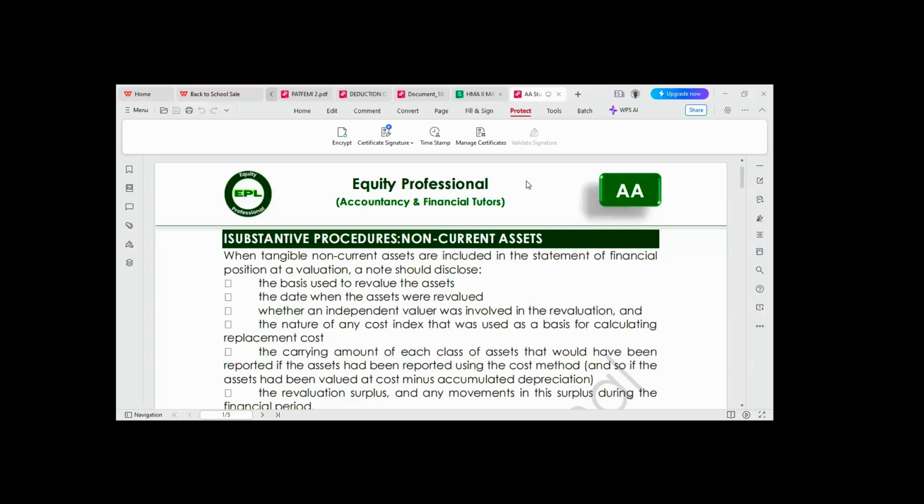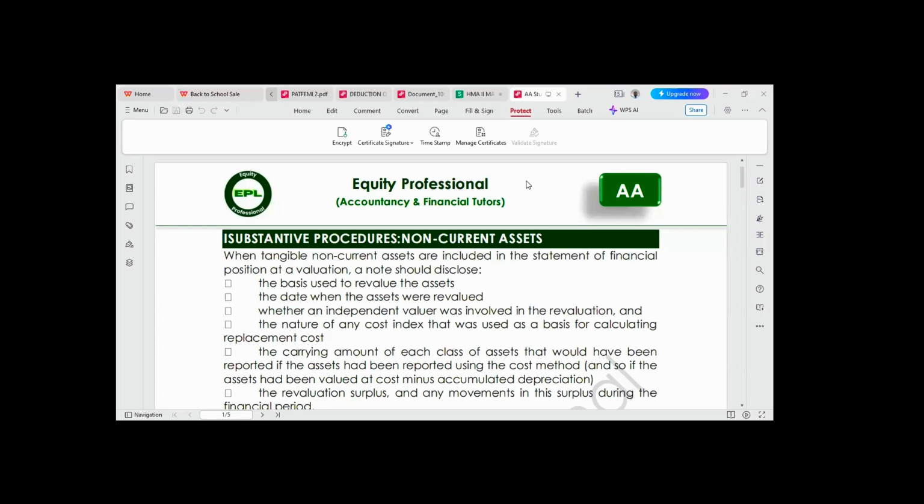Because remember, when we discussed financial statement assertion, we said that assertion based on account balances relates to the statement of financial position. And you will agree with me that non-current assets are contained in the statement of financial position.